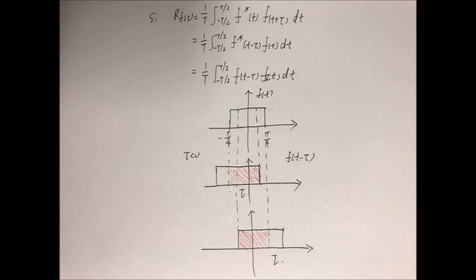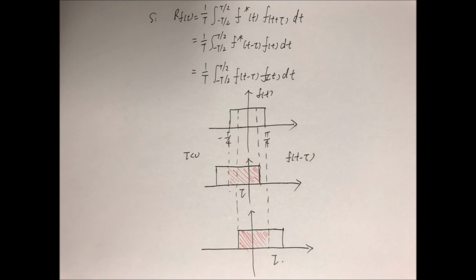Plus T over 4. This is my f(t). Plus tau.